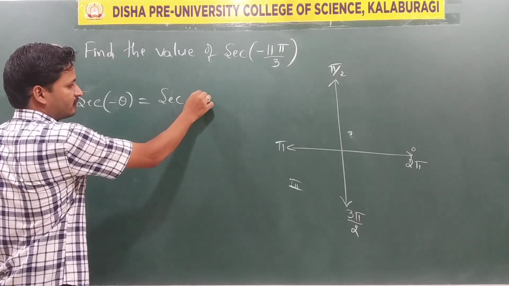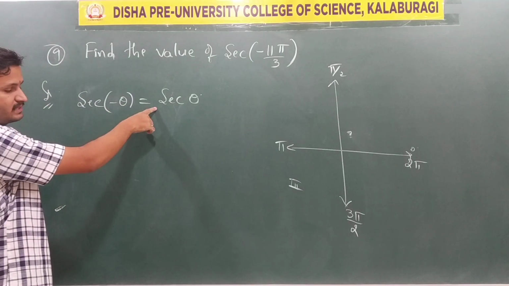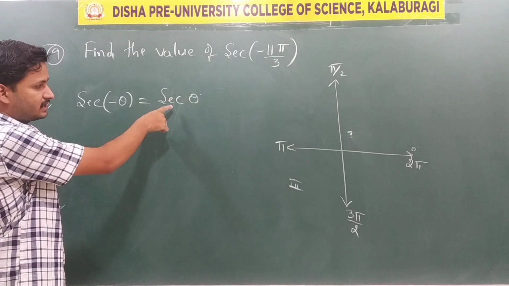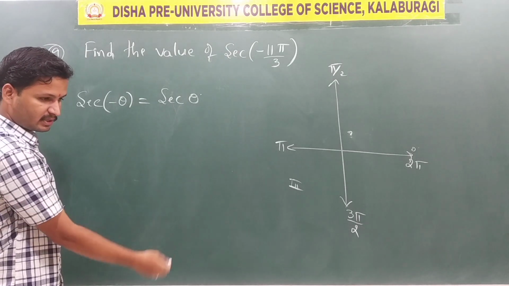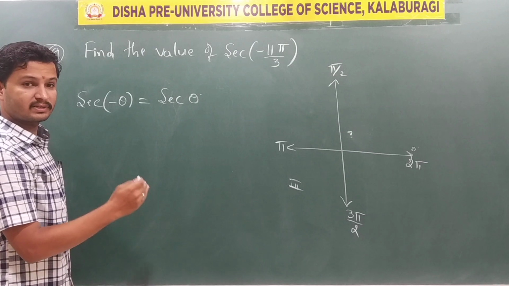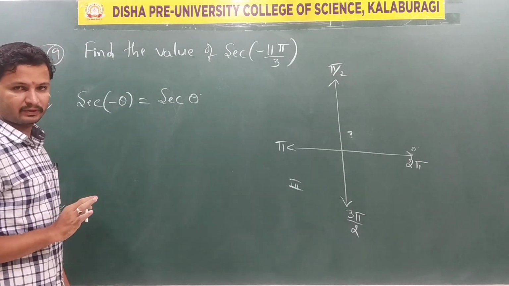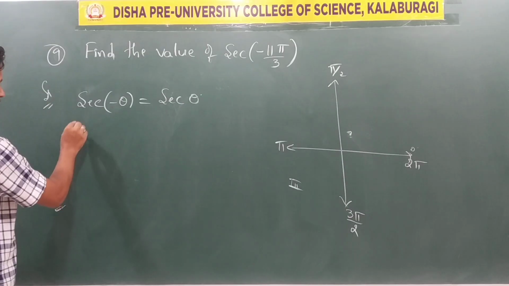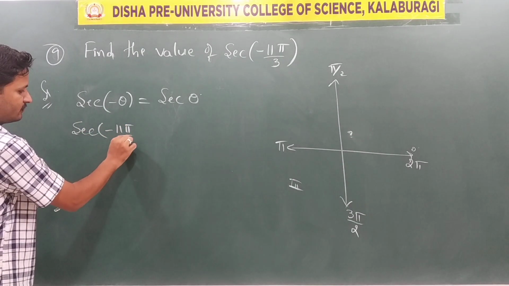Only for secant and cos will we get a plus sign. Secant of minus theta is secant theta, cos of minus theta is cos theta, and for all the remaining four, sin of minus theta is minus sin, tan of minus theta is minus tan, and so on. Okay? Yes.